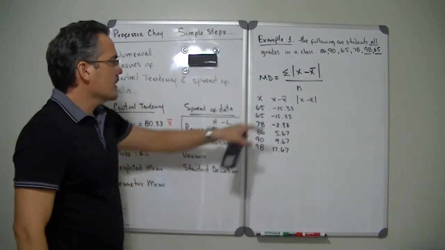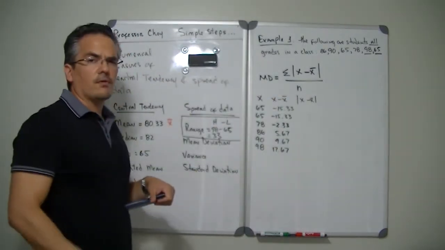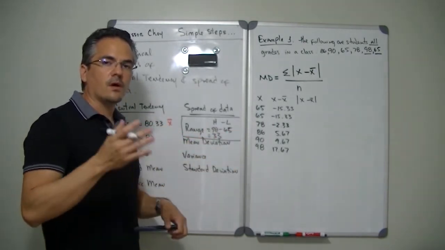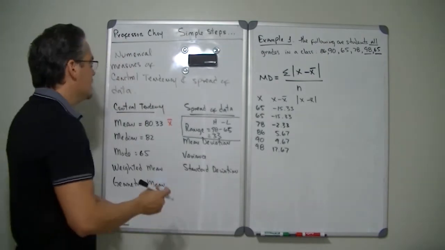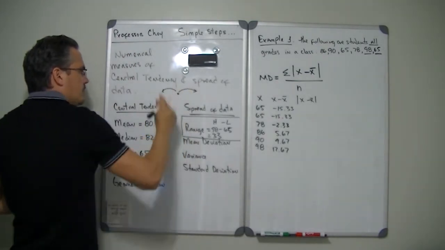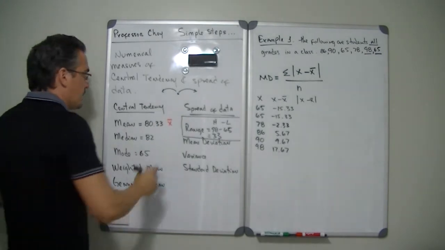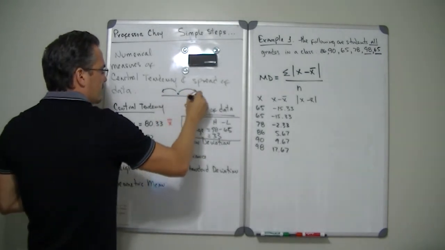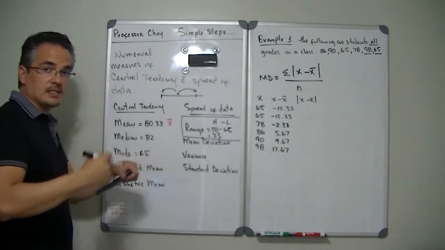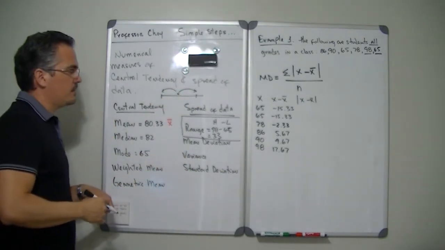Now the absolute value, remember, of any number is basically the positive of that number. The absolute value is the distance between 0 and whatever that number is on the number line, right or left. So therefore, the absolute value is the positive of any value, because it's like the distance between 0 and where that number is.